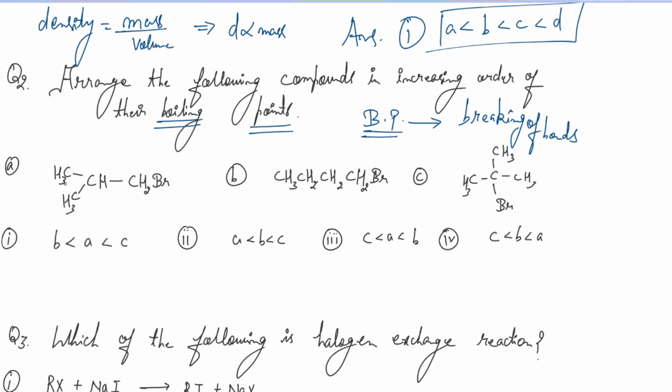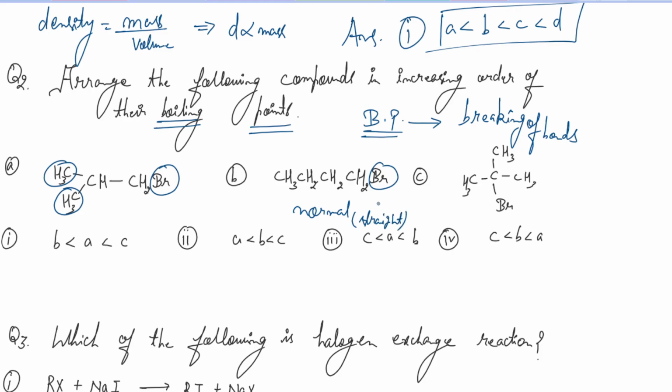If you see the first option, here we have this bromine halogen, and these three methyl groups are like this. In the second option we have this bromine, and this is the normal straight chain compound, a linear compound.